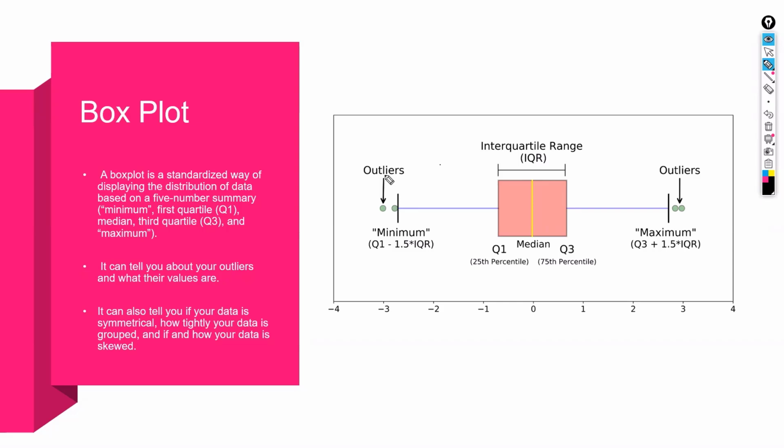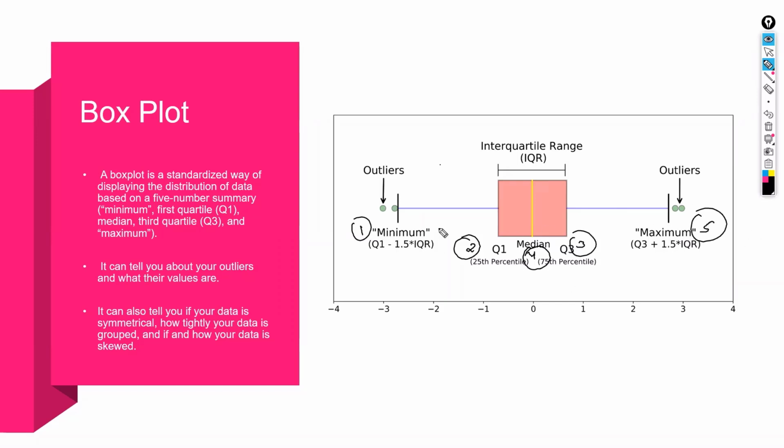This box plot is a standardized way of displaying the distribution of data. And there is a principle to it, which is basically a 5 number summary. The first one being the minimum, then we have the first quartile, then the median, then the third quartile, and then the maximum.